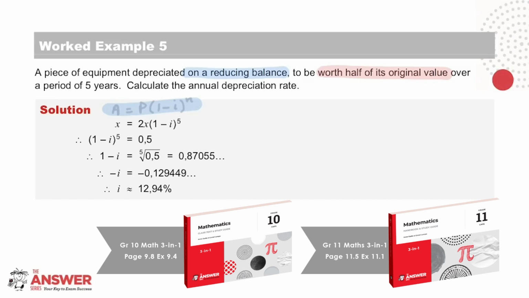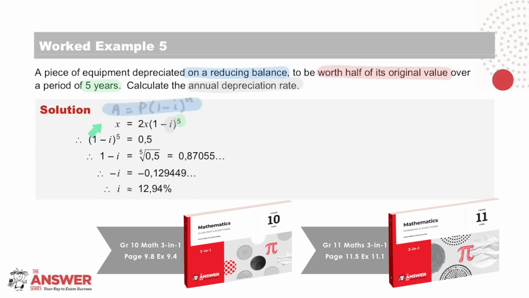As it is given in this example, the reduced amount is half the original amount, which means if we look at it in reverse, that the original amount will be double the reduced amount. In other words, if we suppose the reduced amount is x, then the original amount will be 2x. Our N is 5 years, and we need to solve for I.